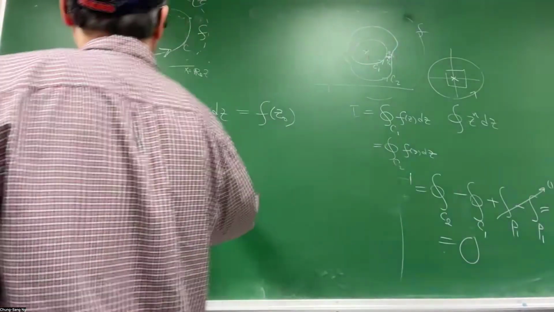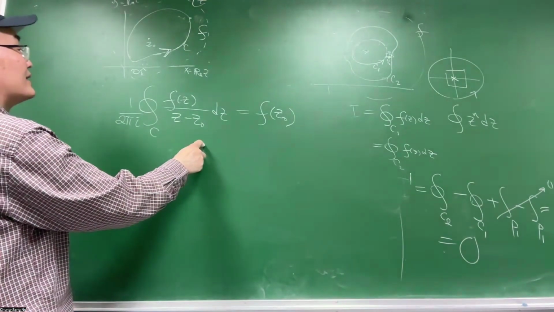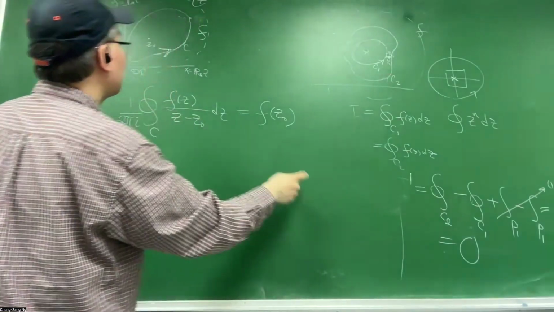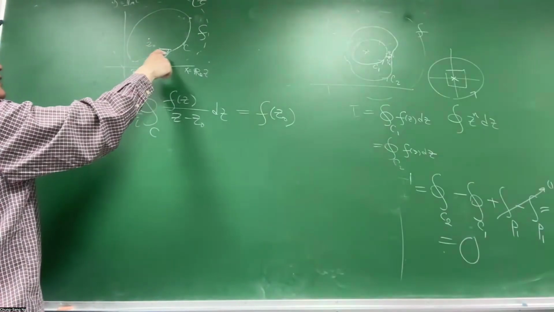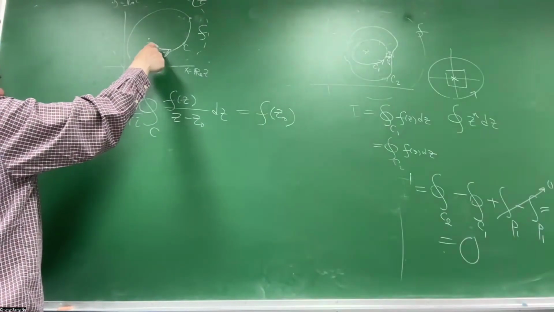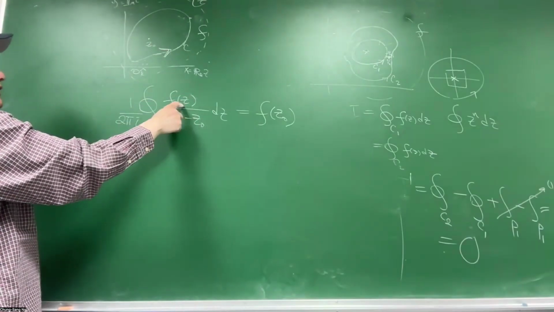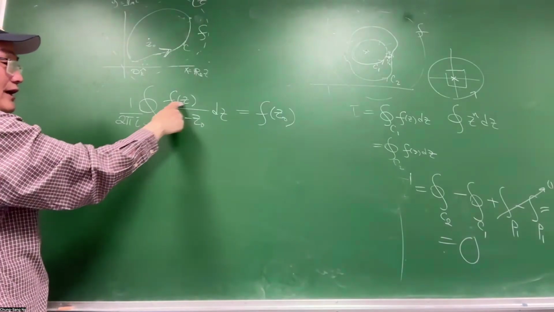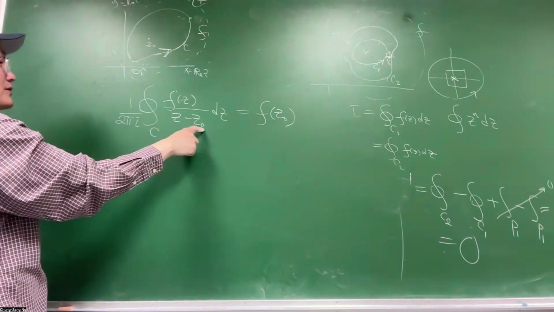Now how to prove that? The idea is just like what we did here. We keep deforming. This is C. Remember, z sub 0 is within this C, and this is the only singularity, because f is analytic within the whole region, and the only singularity is at the zero of the denominator, which is c equals c sub 0.